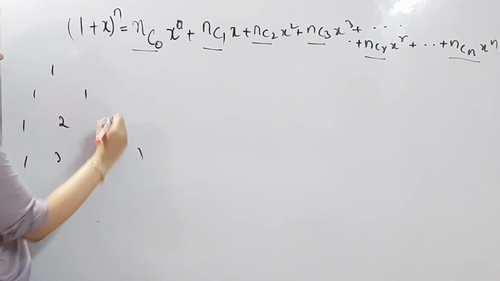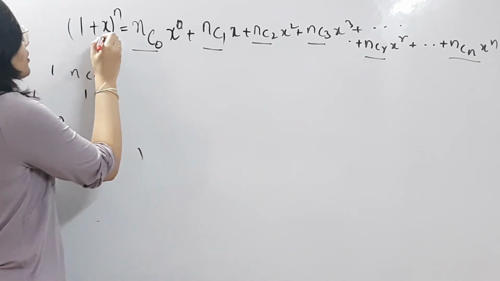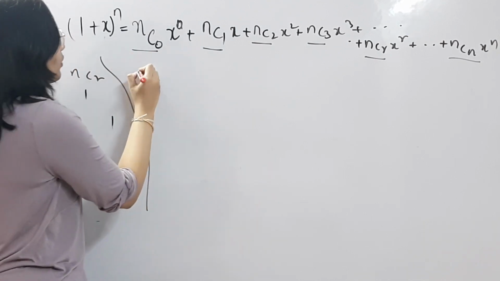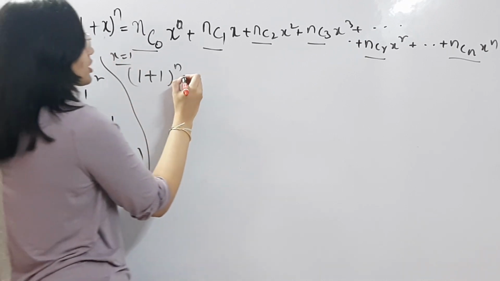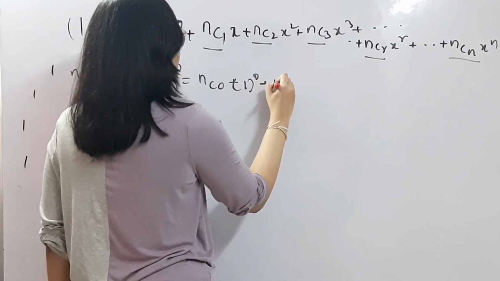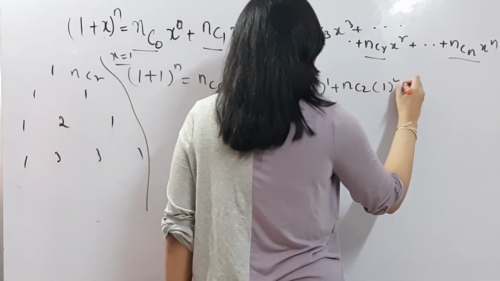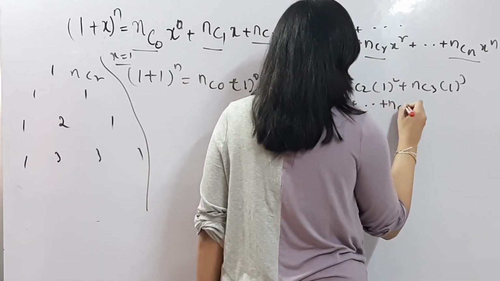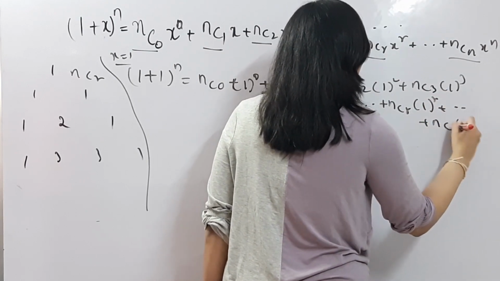So all these are nothing but binomial coefficients represented in the form of nCr. Yes. So what happens if we put 1 here? That is, I want to put x as 1. What is the expansion? nC0 into 1^0 + nC1 into 1^1 + nC2 into 1^2 + nC3 into 1^3 + and so on + nCr into 1^r + and so on + nCn into 1^n.